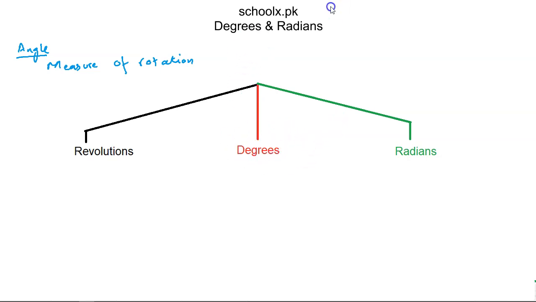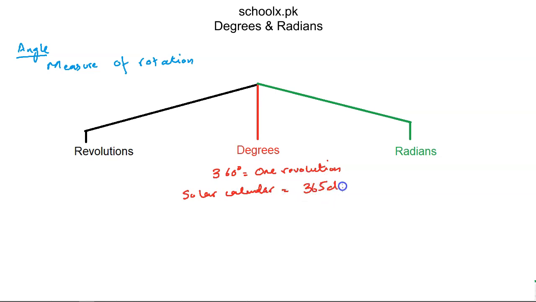Now, what are degrees? You already know that 360 degrees equals one complete revolution, right? So why is the number kept to 360 degrees? Why 360 degrees is taken as complete revolution? Why not 70 degrees? Why not 20 degrees? Why not 10 degrees? There is a significance to this number 360 degrees, which is that a solar calendar has 365 days.